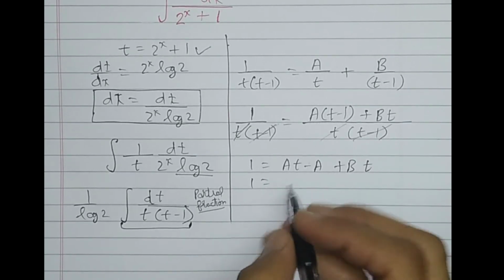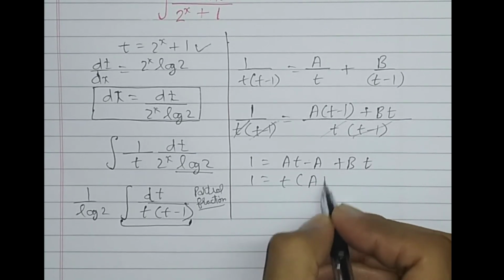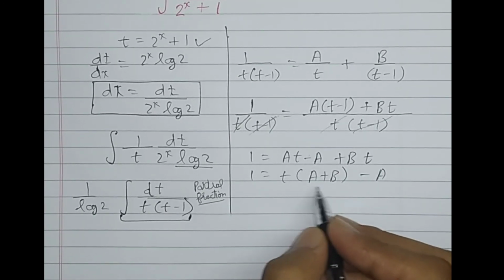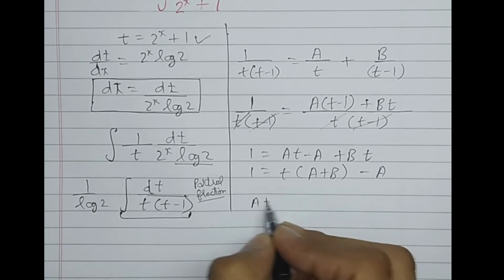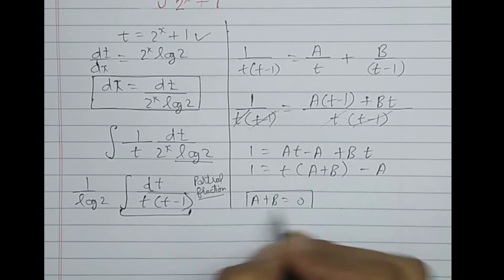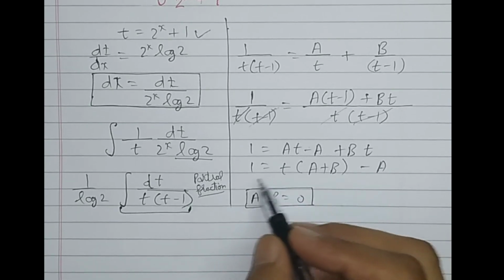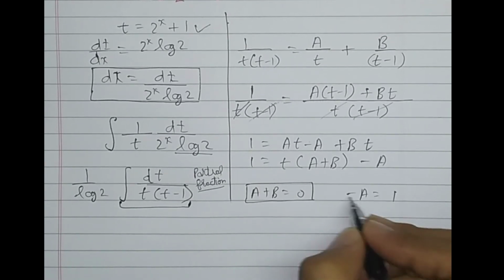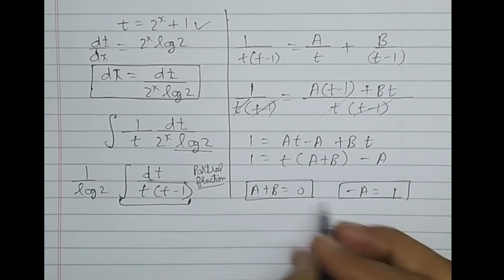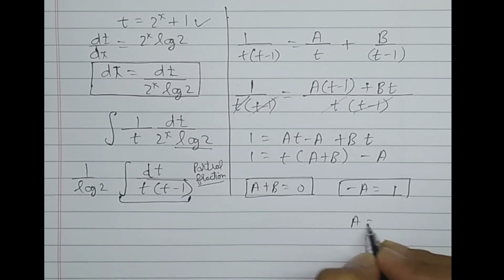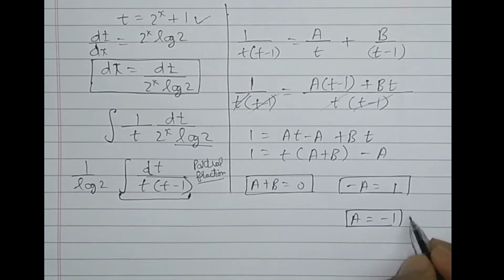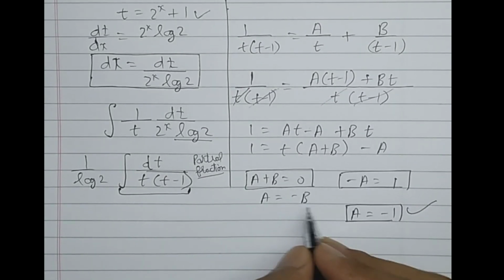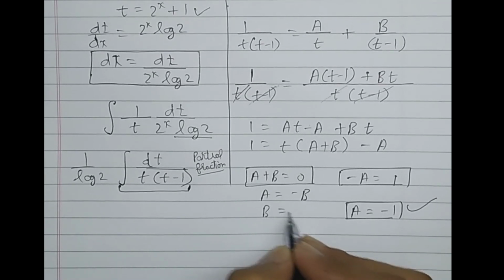Now I can take t common from a and b, which gives 1 equals a plus b times t minus a, the constant. Now I can compare that a plus b equals 0, because there is no t on the left side, and minus a equals 1. So the value of a is minus 1, and a equals minus b, so we get the value of b, which is plus 1.